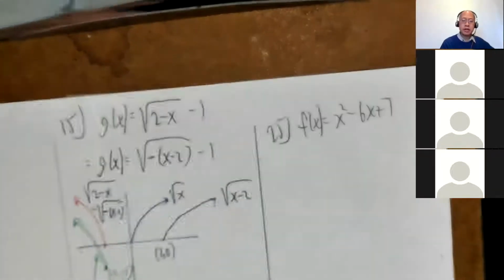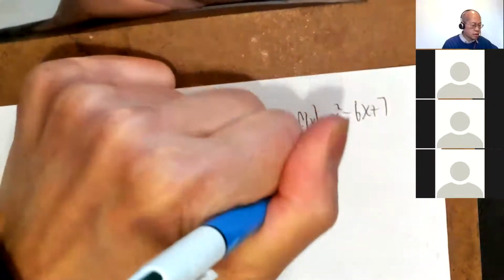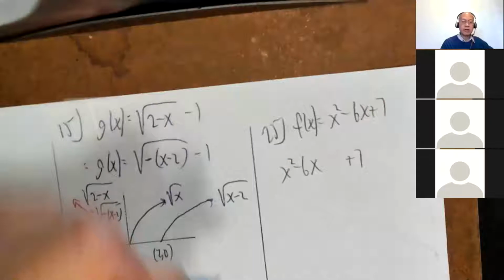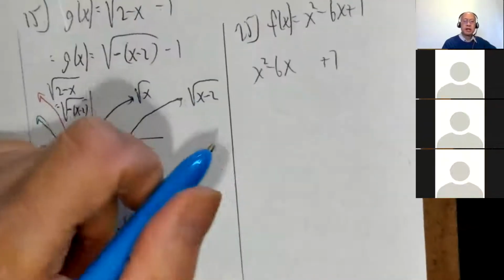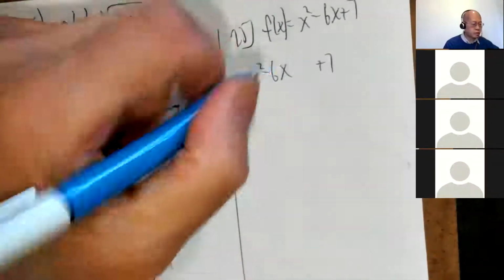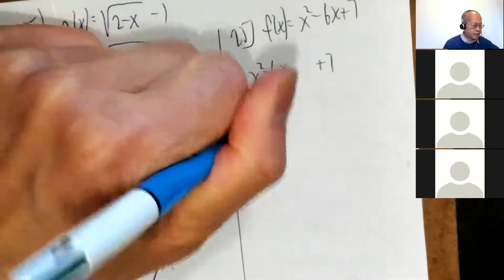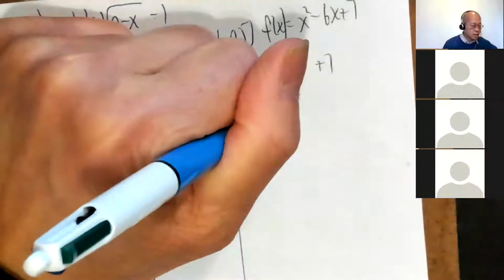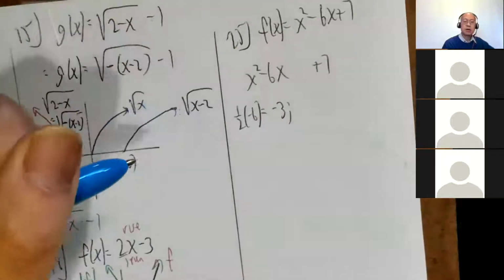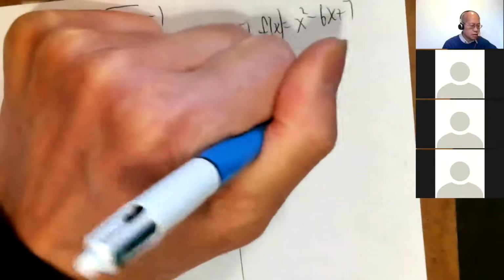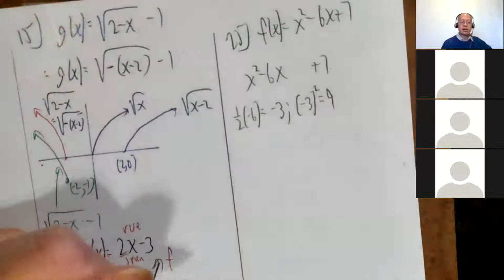Okay, so how does completing the square work? x squared minus 6x plus 7. Okay, so I need half the coefficient of x and then let's square it. So half of -6 is -3, square it, 9.